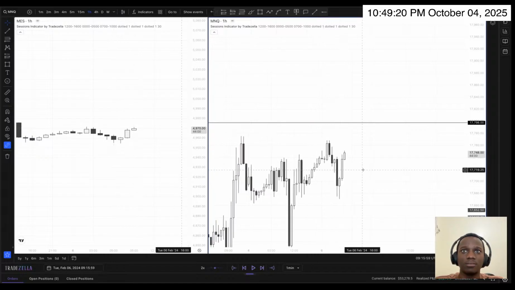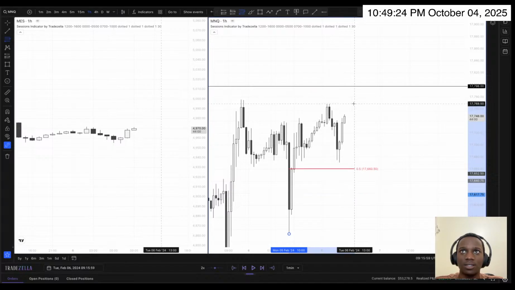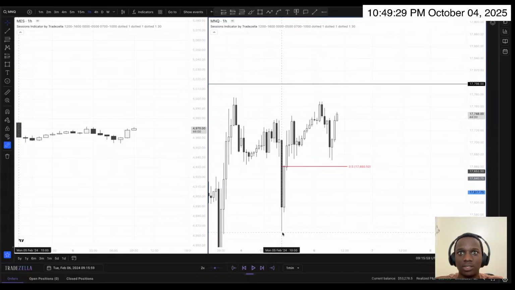Inversion, very good move to the upside, sorry. And this, we didn't retrace the discount with this move, which is totally fine.